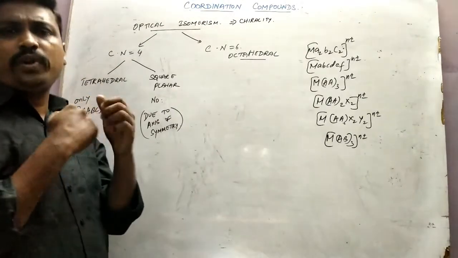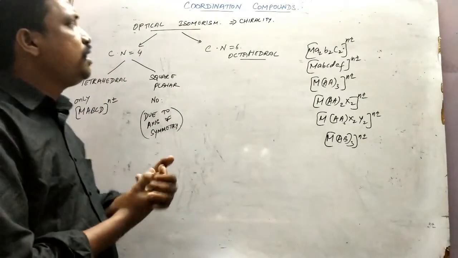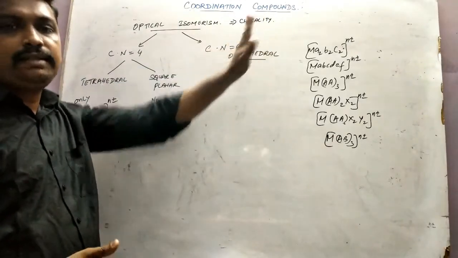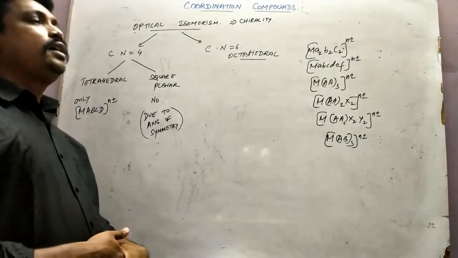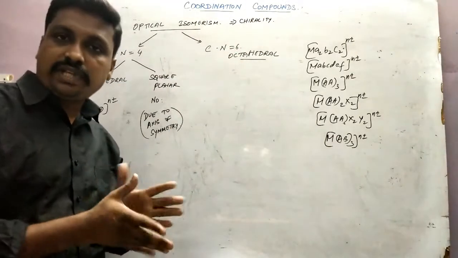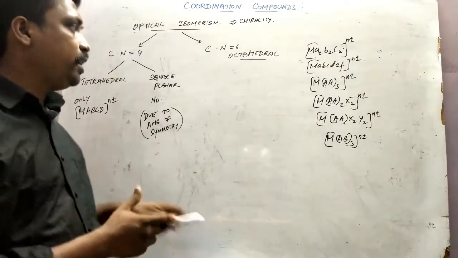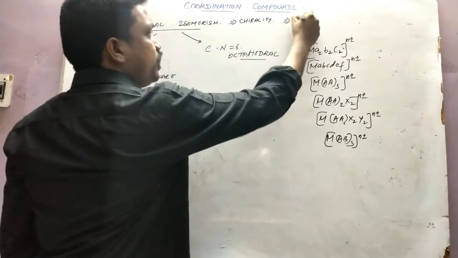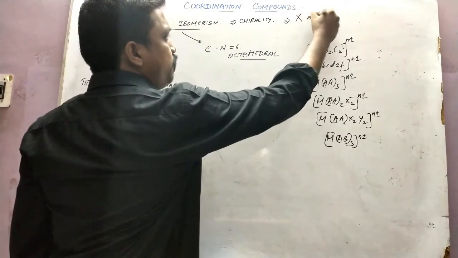Why a compound exhibits optical isomerism means the essential condition is what? Chirality. What is chirality? The molecule should be asymmetric. It should not have any plane of symmetry.